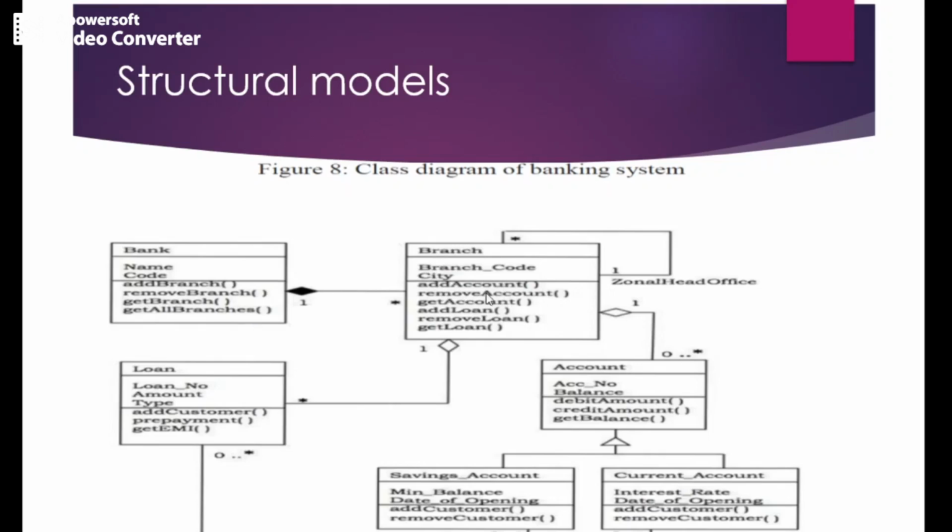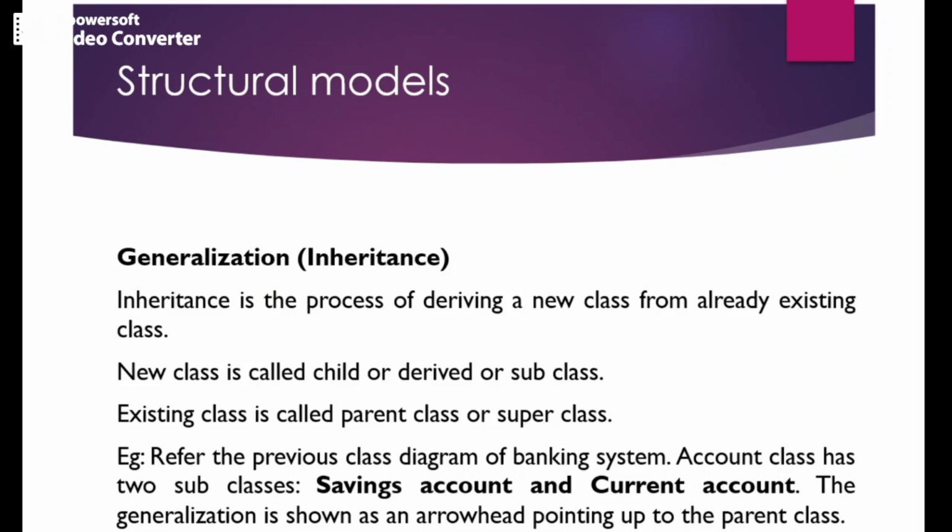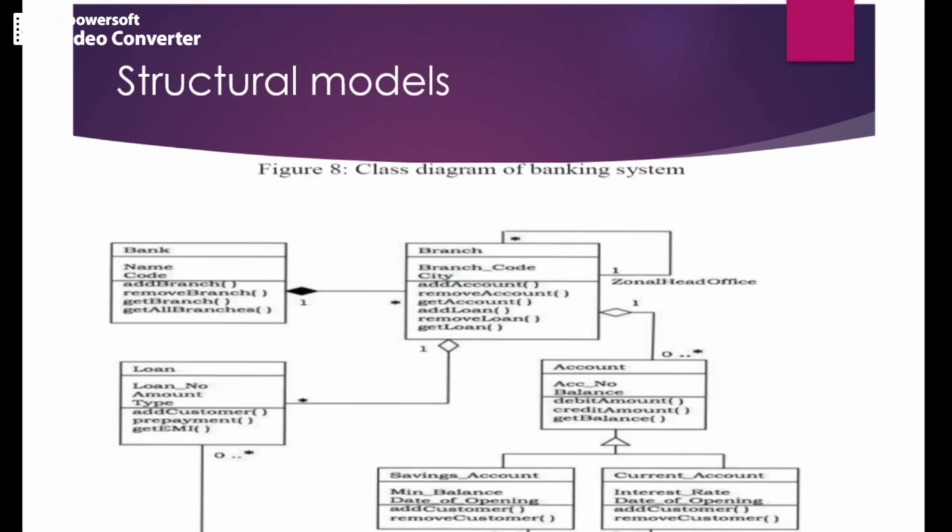Similarly for the branch class, the methods are add account, remove account, get account, add loan, remove loan, get loan. You can also see the relationship, or the association, being represented.